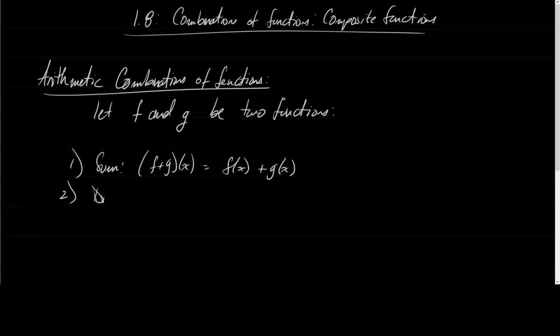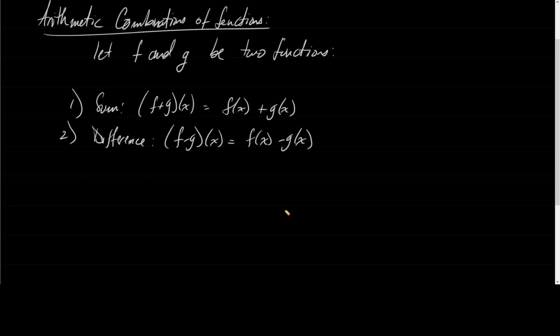The difference would be f minus g of x, which is just f of x minus g of x. The product would be f times g of x, which would just be f of x times g of x.